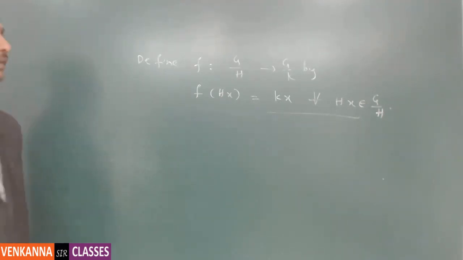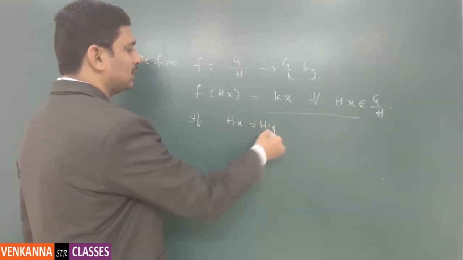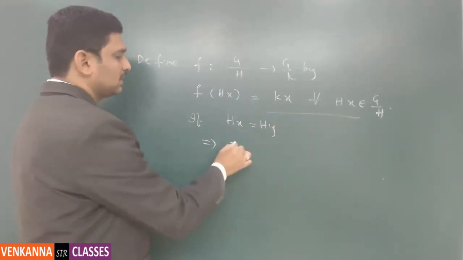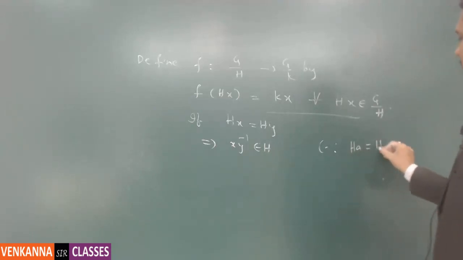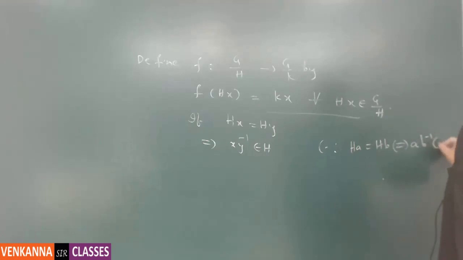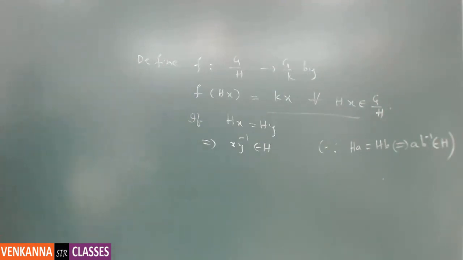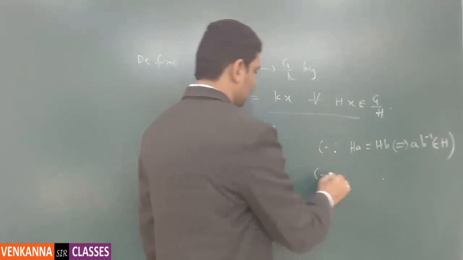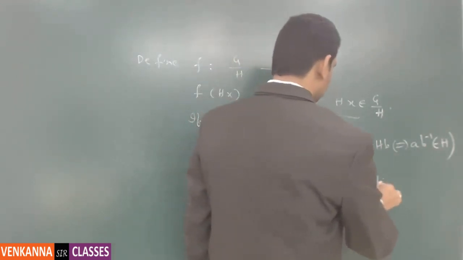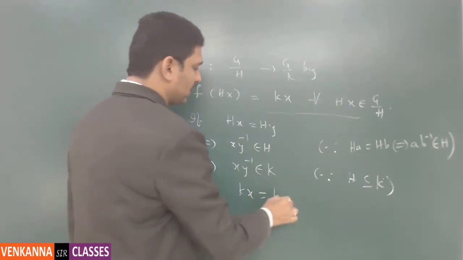Right? Then, this is a well-defined function. However, if you have doubt, you can say if Hx is equal to Hy, implies you can say xy inverse belongs to H, because you have the property that Ha is equal to Hb if and only if ab inverse belongs to H. Using this property, you can write xy inverse belongs to H. Implies that xy inverse belongs to K, as you have H is a subset of K. Again, using the same result, you can say that Kx is equal to Ky.